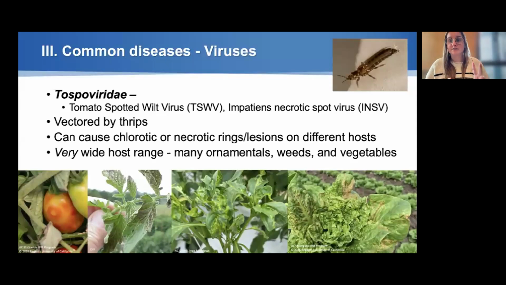One of the big issues with these two viruses in particular is they have an incredibly wide host range. Tomato spotted wilt virus can infect over 1,000 plants, and Impatiens necrotic spot virus can infect hundreds. And so weeds and ornamental plants can serve as a reservoir, and so these two are very common in the world of plant viruses.